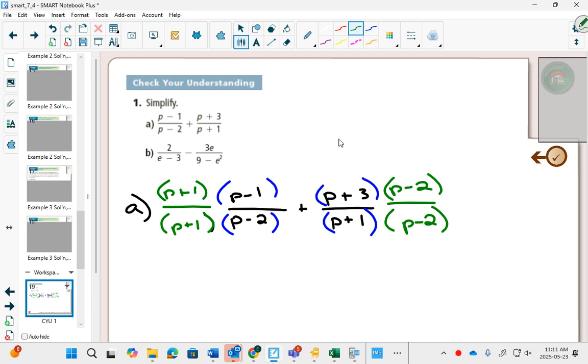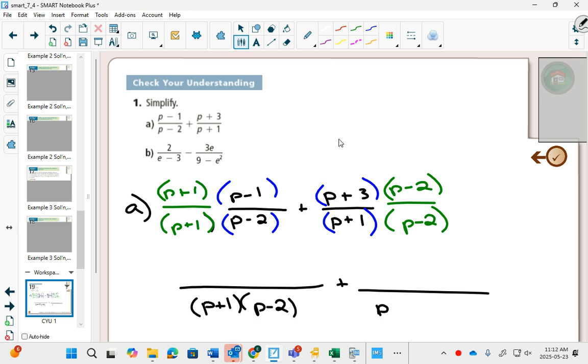Because now I can double check, and sure enough, I've got p plus 1, p minus 2, and p plus 1, p minus 2. And I would leave my denominator in that factored form, because later we might be able to simplify something, and if we want to simplify, things need to be factored.